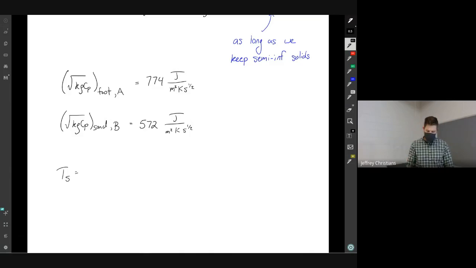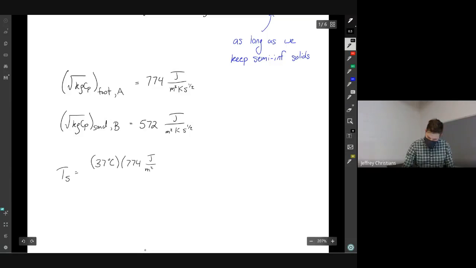Then our surface temperature, Ts, would be our initial foot temperature, which is 37 C, times that weighting factor, 774. I'm going to stop writing units because that's a lot of units, and they're all going to be the same.